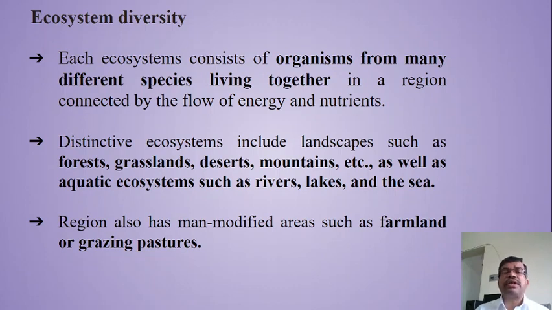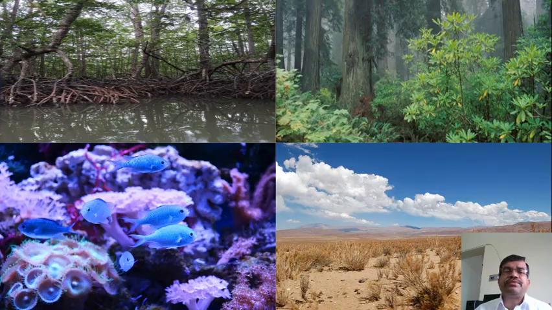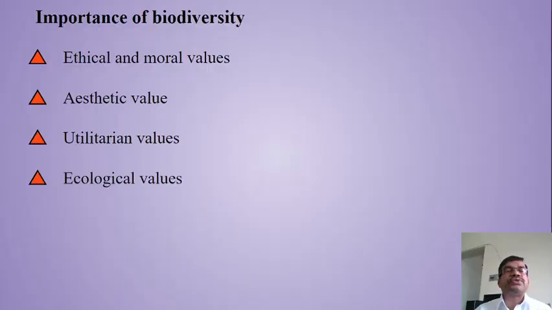So all put together they form the diverse ecosystems. And the organisms from many different species live together in a region, and they are connected by the flow of energy and nutrients. So here there are ecosystems like mangrove forest, ocean ecosystem and the desert ecosystem.